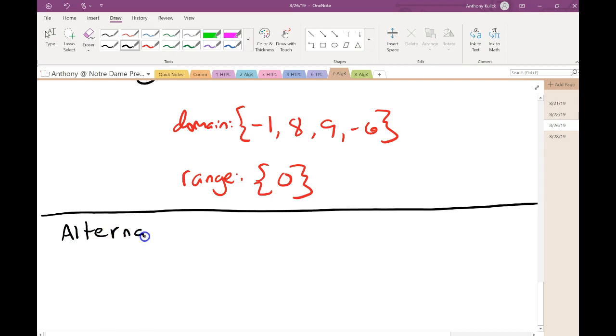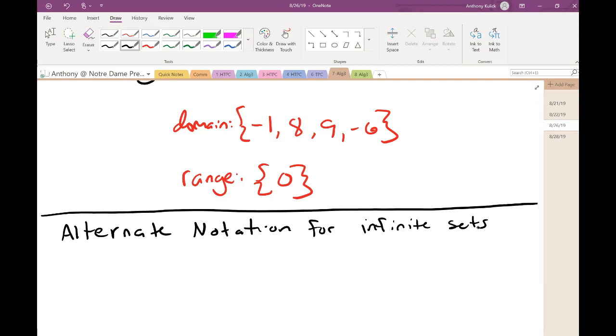So let's just kind of summarize what we just said there. This is an alternate notation for infinite sets. And I should probably say that, to be clear, this can't be used for all infinite sets. But for the infinite sets we'll see in this class, you can use it for all of them.